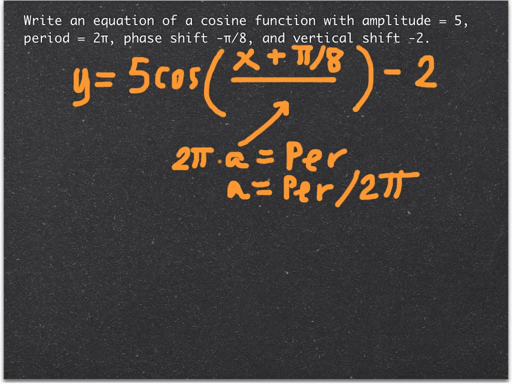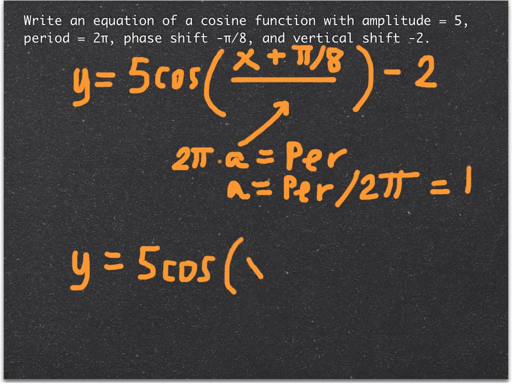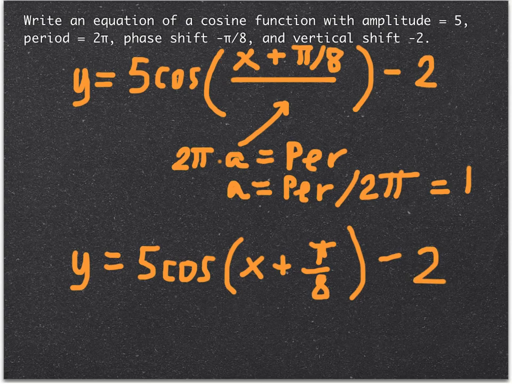Well, if we're given that the period is 2 pi, 2 pi divided by 2 pi in this case will just be 1. So that's kind of nice. So my final answer then will be y equals 5 times the cosine of x plus pi over 8. Nothing needed in the denominator since it's just going to be 1, minus 2. That's an equation that has the features that were prescribed in the original problem.